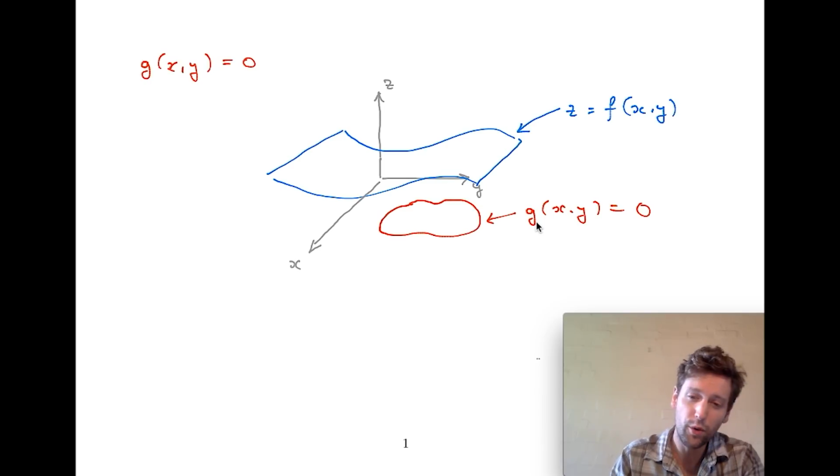Now, how do I impose the constraint on my surface? Well, remember, there's no z dependence in that equation, g of x and y equals 0, which means it's true for all values of z. So I can extend this infinitely in the z direction.